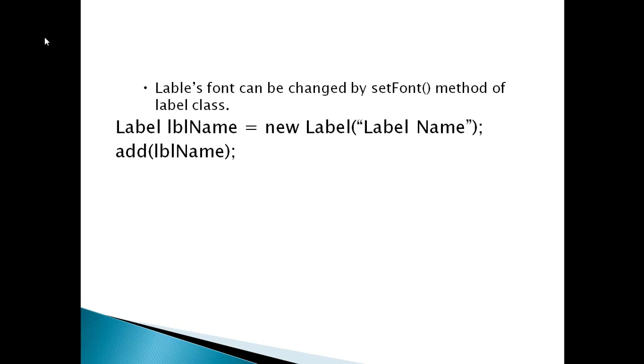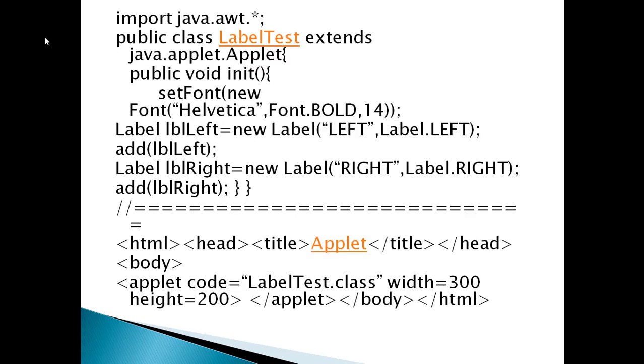This is the creation of the control. After that we need to add this control to the window by using the add method, like this: add(lblName). This adds the control to the window, applet, frame, like these windows.